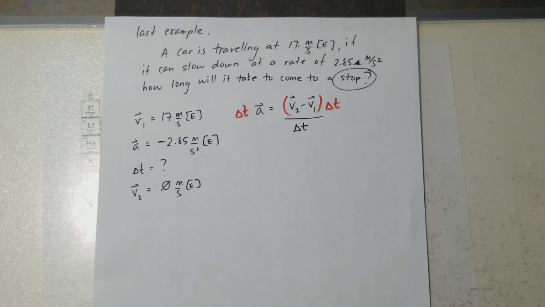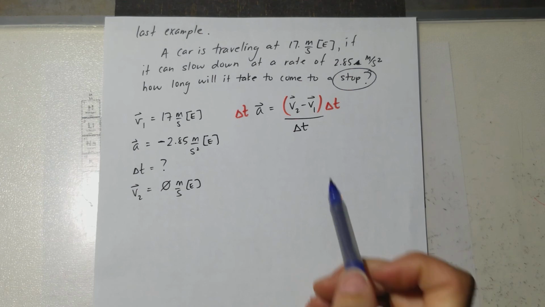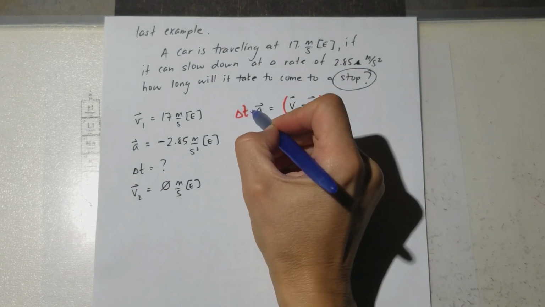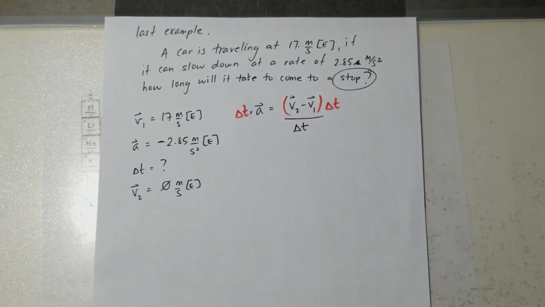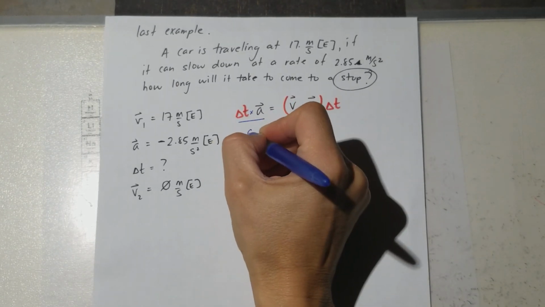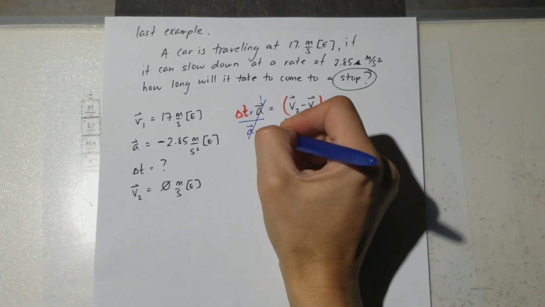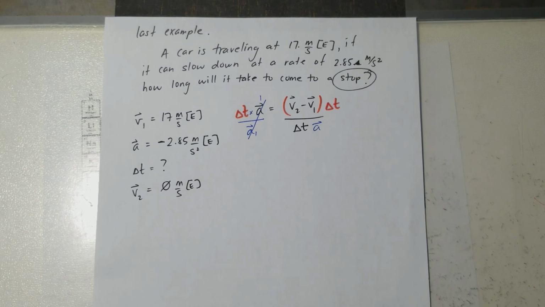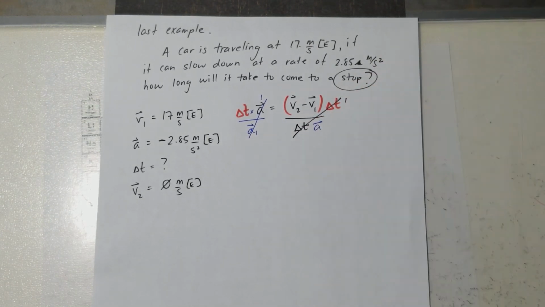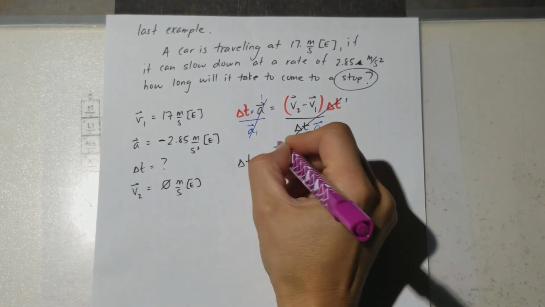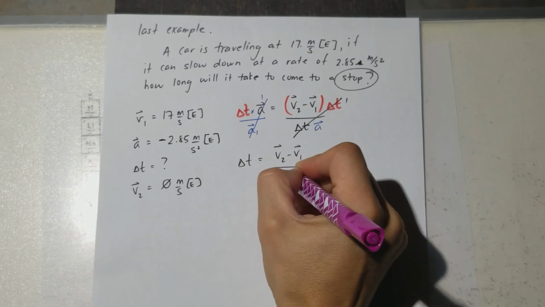Okay, and you might have heard this nasty term called cross multiply. But what we are going to do is, now that time is on the numerator, I want to get rid of the term acceleration. Well, let's divide both sides by a, or acceleration. Okay, so the accelerations end up dividing out on the left-hand side, and the delta t's end up dividing out on the right-hand side, and I'm left with delta t equals V2 minus V1 all over acceleration.